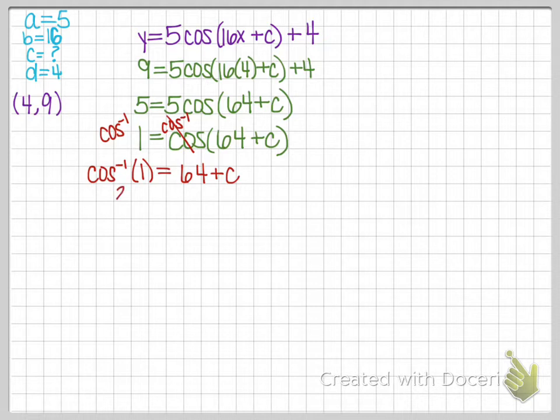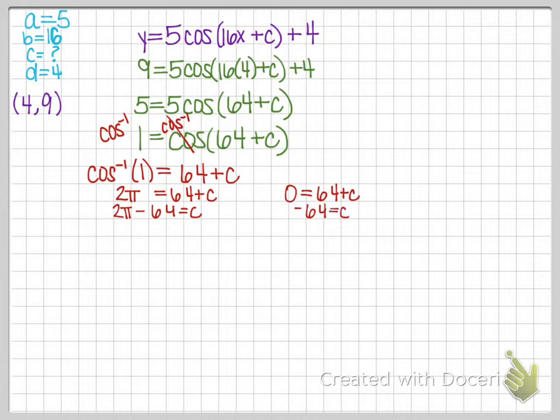This could either be 2 pi or it could be 0, right? So let's do 2 different ones. So maybe I'm going to have 2 pi equals 64 plus c and 0 equals 64 plus c. So I have 2 pi minus 64 equals c, or I just have negative 64 equals c.